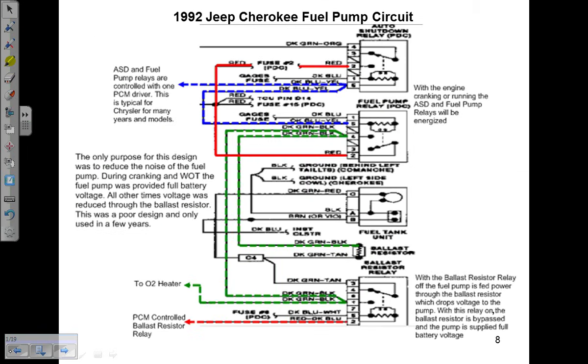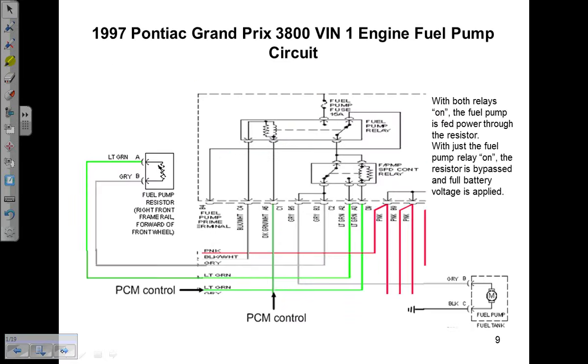They were using two relays to do this, and it really comes down to being able to read a diagram. Here's one, it's a ballast resistor relay, and then of course your second one's your fuel pump relay. You start seeing multiple relays, that's a red flag that that's what they're doing, running two different speeds. But if you look at the circuit on this one, I've got a fuel pump speed control relay, and then I have my regular fuel pump relay.